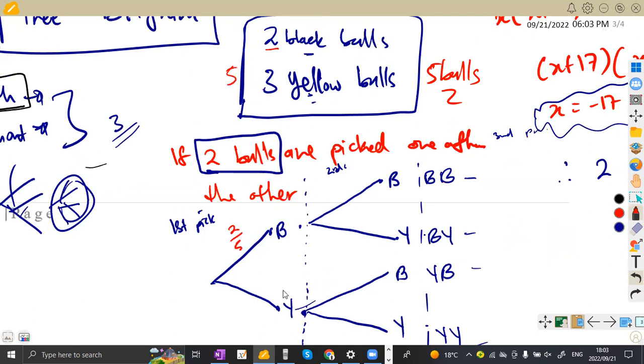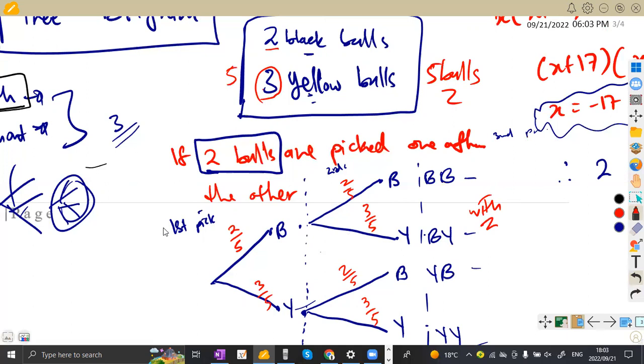So 2/5. How many yellow do we have? There are 3. So it's going to be 3 out of 5. So what we have here still remains 2 out of 5, 3 out of 5. So this one you see is just a repetition. So I'm working on a condition of what? With replacement. All right.